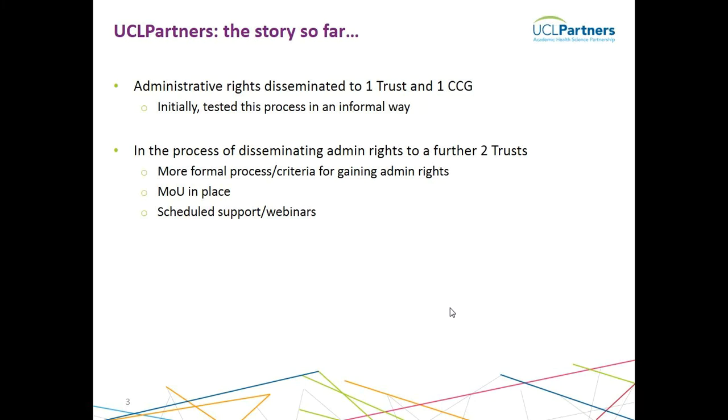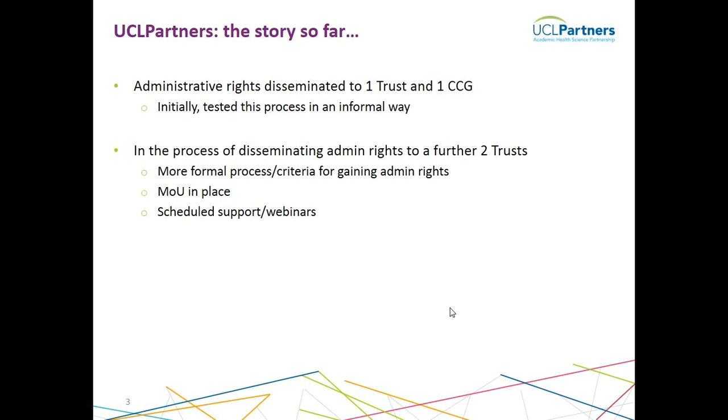So we're now in the process of handing over admin rights to two further trusts within our partnership. One is a bit further along than the other. So we developed an MOU for this, which I will go into a lot more detail in just a few minutes. But we put all the learnings from the first two trials into this.